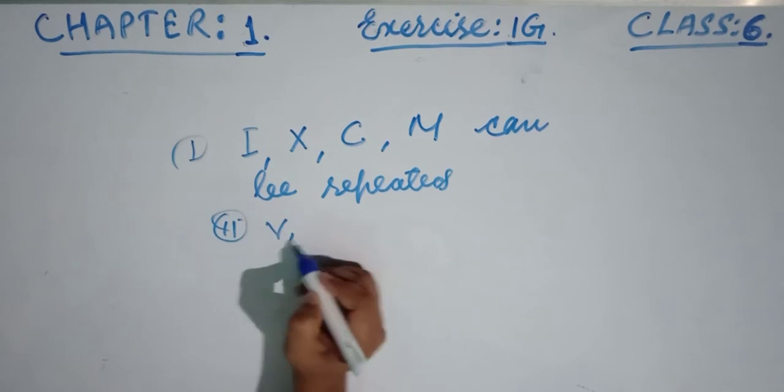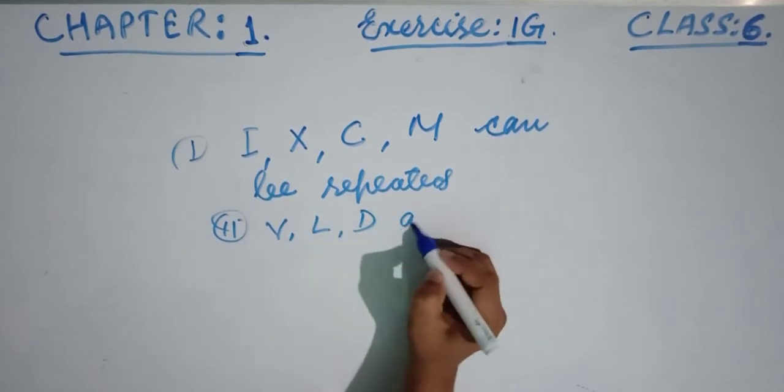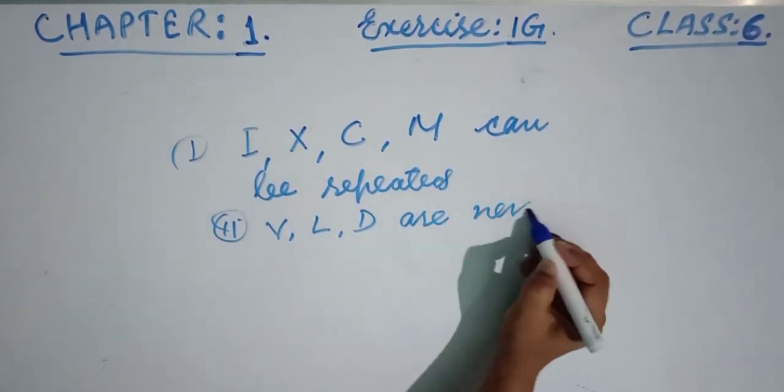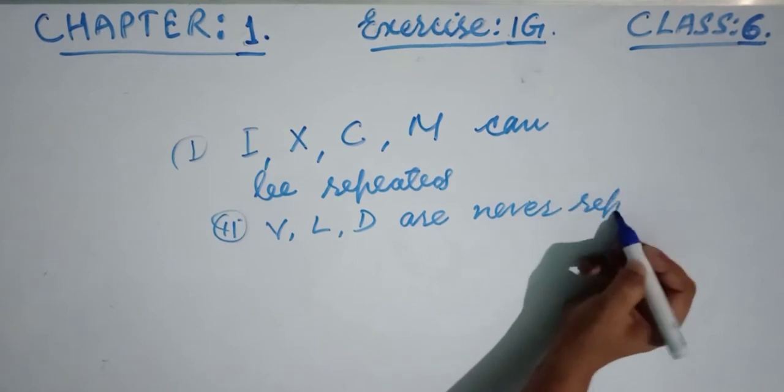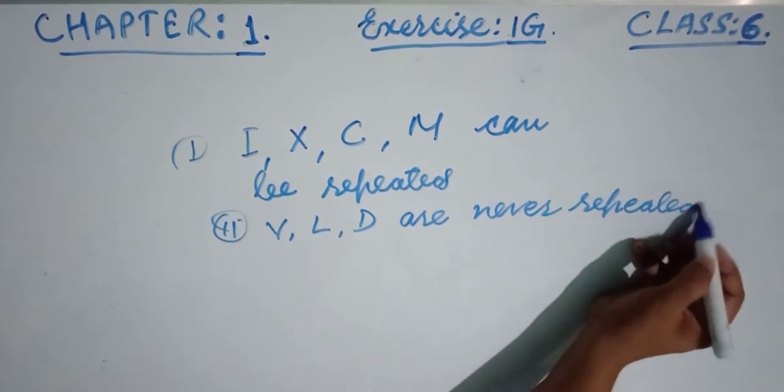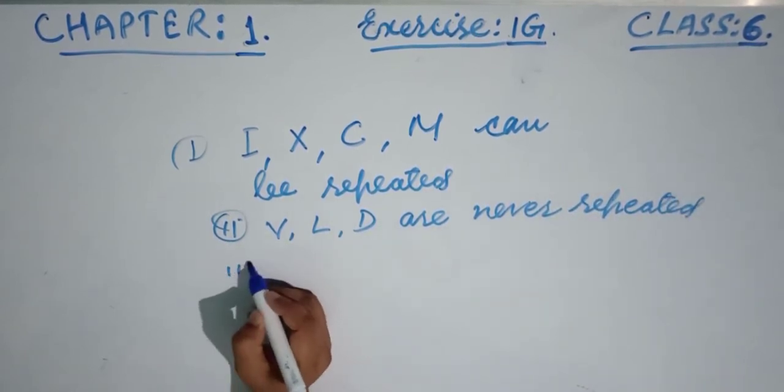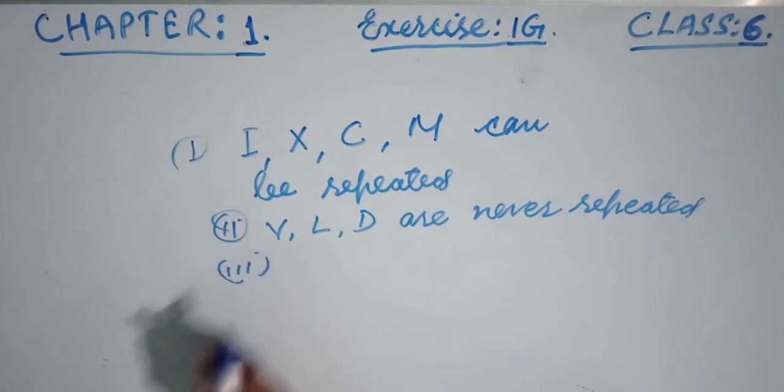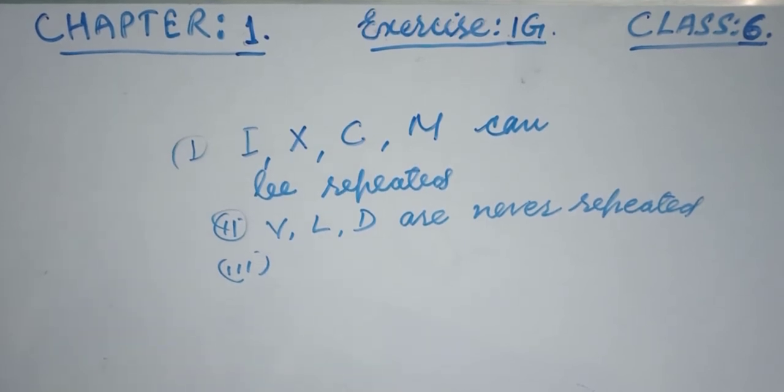V, L and D are never repeated. Now the third point: no symbol of Roman numerals can be repeated more than 3 times friends.